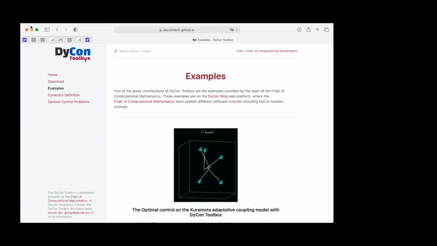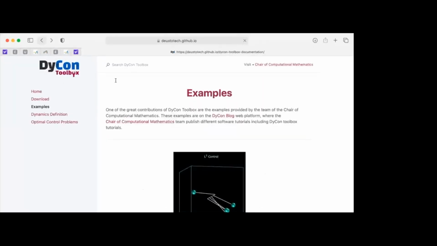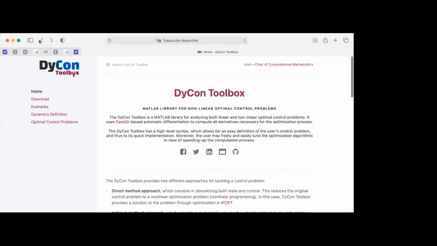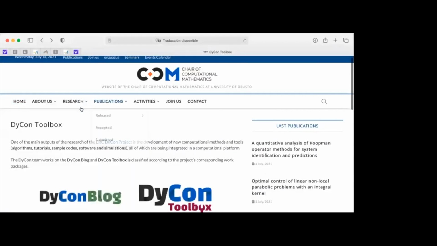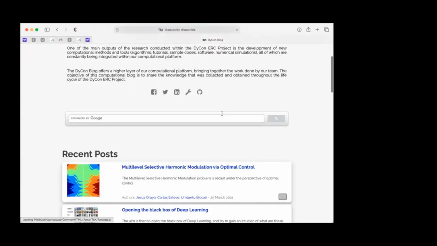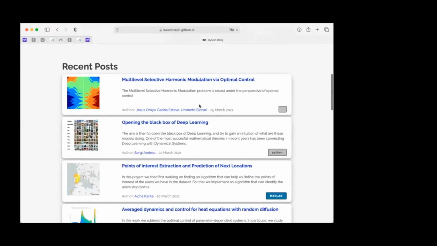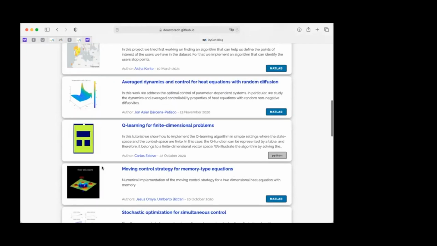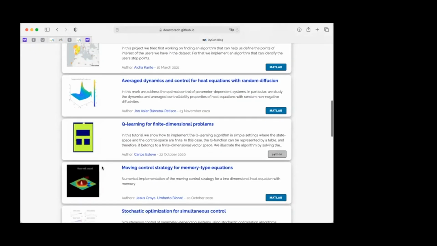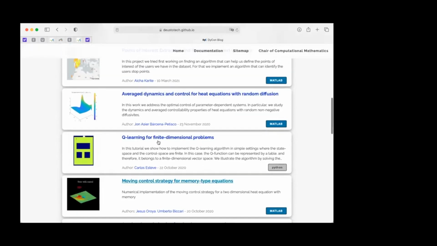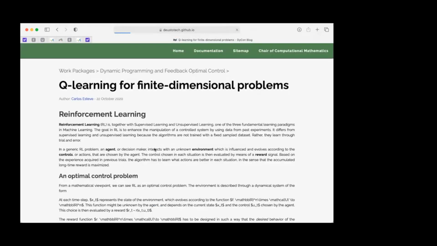And together with this software, you will also find in our webpage the blog, in which you will find posts that explain the different applications. It's a short summary and synthesis of the development of the theory.